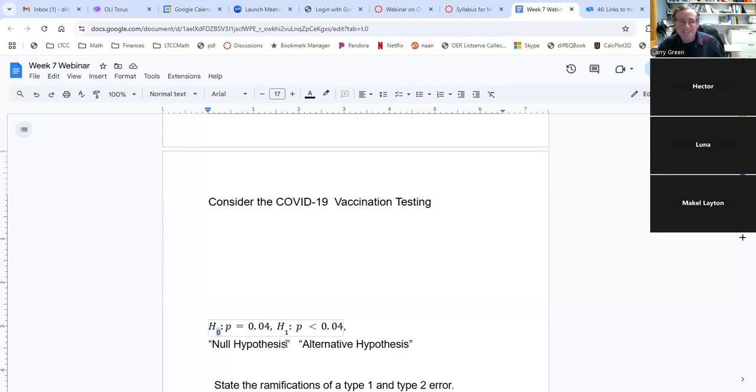It's British English. It's what everyone uses, so I'm going to say it also. It's naught. So the way you say this is H naught. H naught, and that is what's called the null hypothesis.